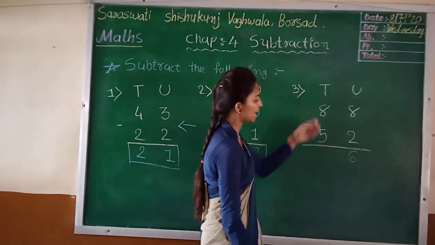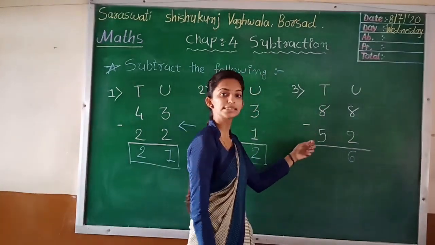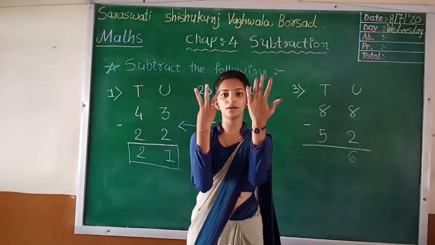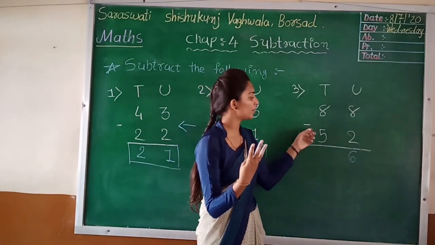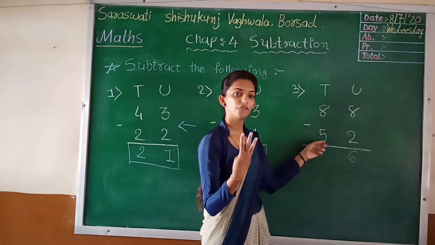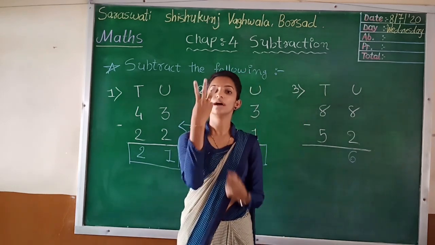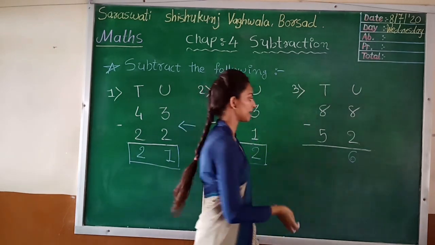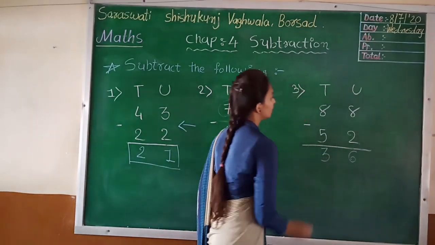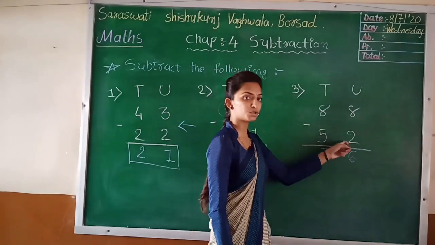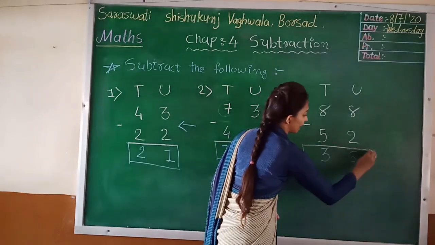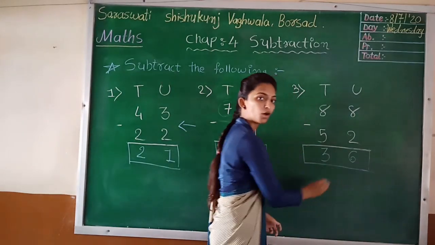Then in 10 place, 8 minus 5. We have 8 numbers. And how many numbers do we have to remove? 5. So remove 5. How many left? 3. So write here 3. 88 minus 52. Our answer will be 36. Okay?